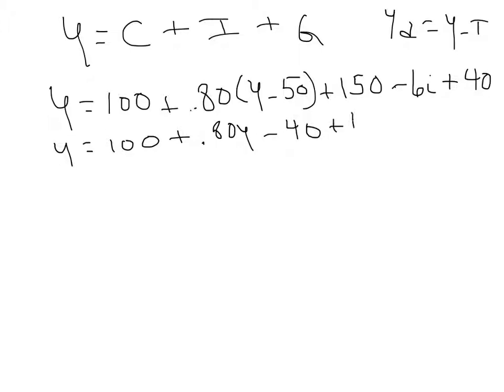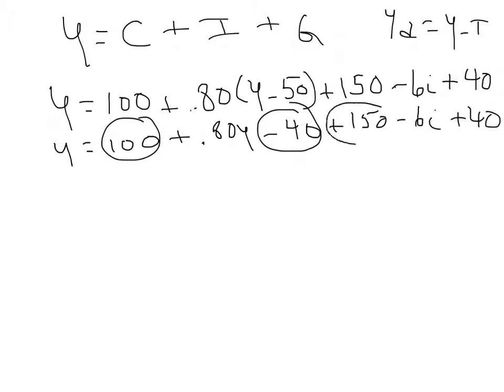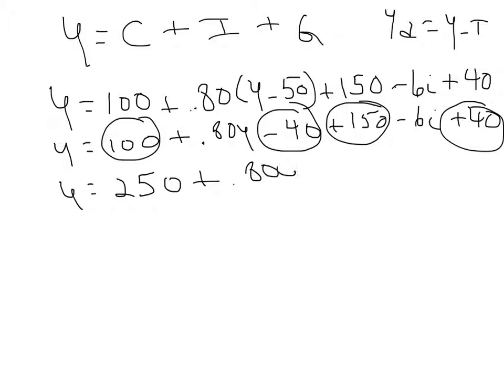Then we have our plus 150 minus 6I plus 40. Okay, so now I'm going to add up all of my whole numbers, and that leaves me with Y equals 250 plus 0.80Y minus 6I.